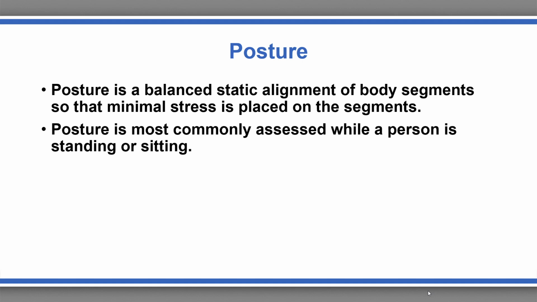So very basically, posture is defined as a balanced static alignment of the body segments and really is to minimize any sort of stress placed on the various body segments. It can be assessed most commonly during standing or while seated.